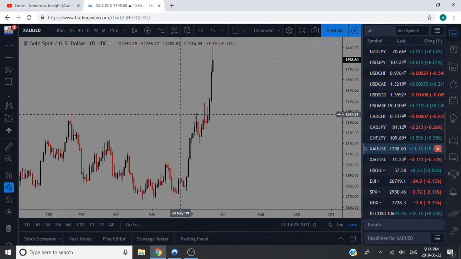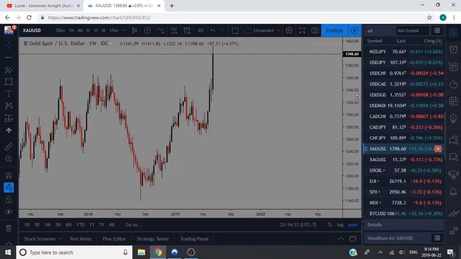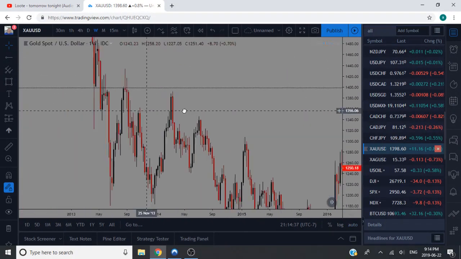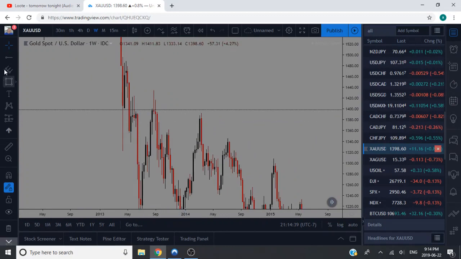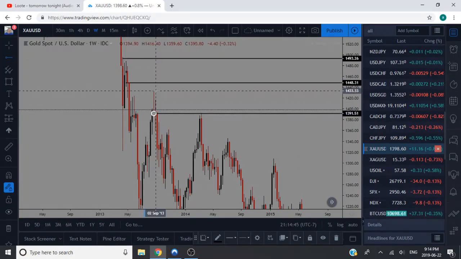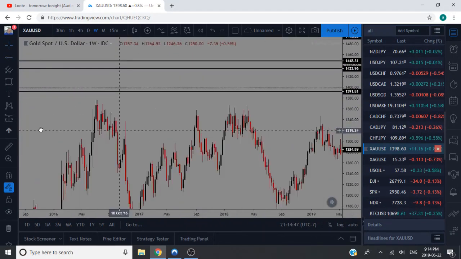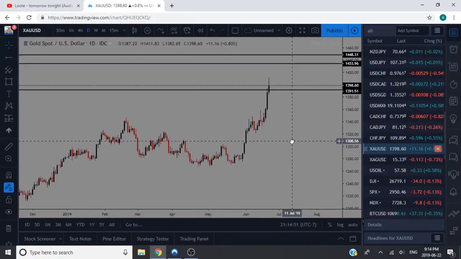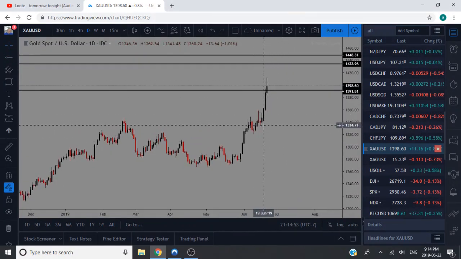Let's check out gold. We won't do the rest. We'll just randomly skip from pair to pair. Gold's been on a tear lately. We have some supply. It is tested. We don't have fresh supply till up here. And this one is tested. I can't buy this until price is way down here.